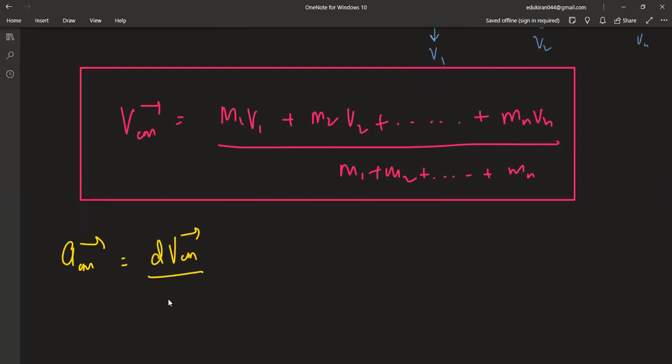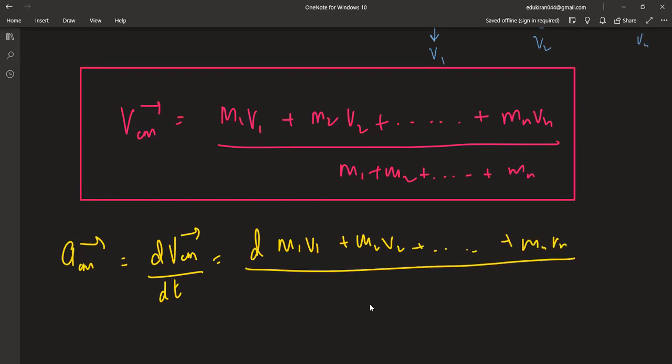So you differentiate m1 v1 plus m2 v2 up till mn vn over dt, with the total mass m also there.